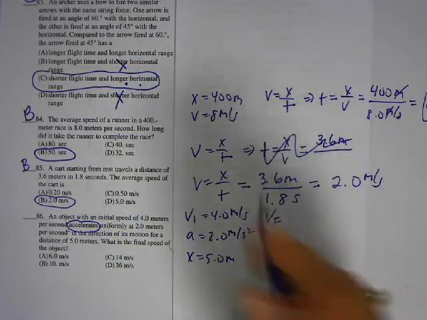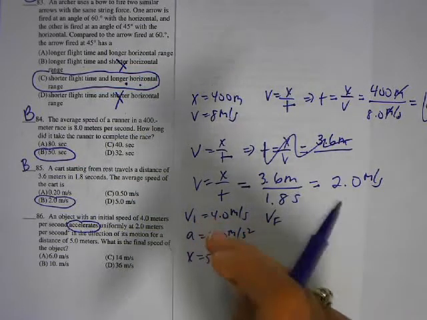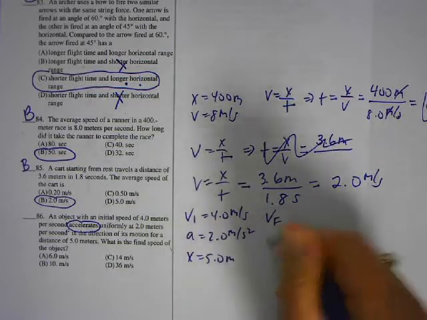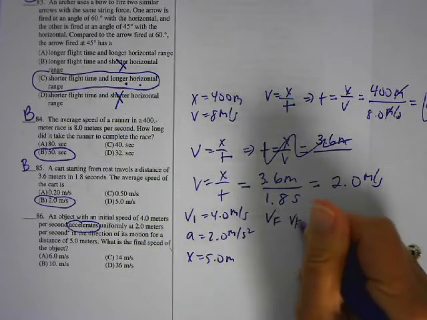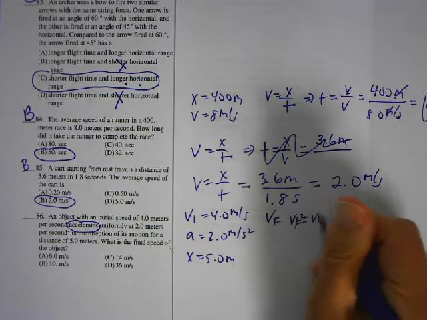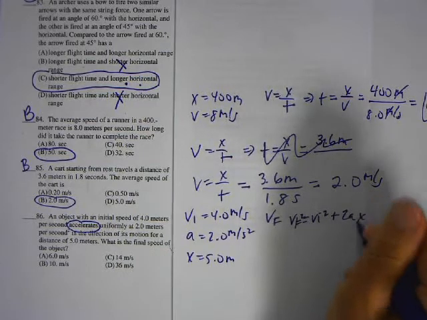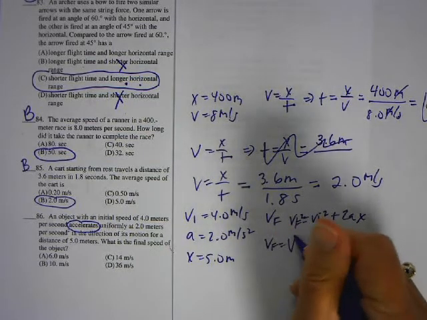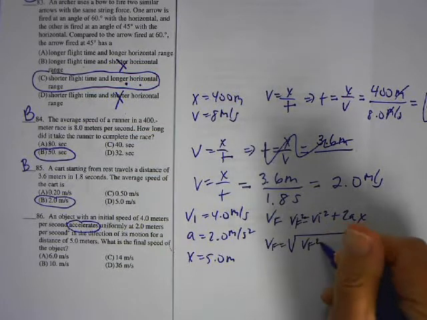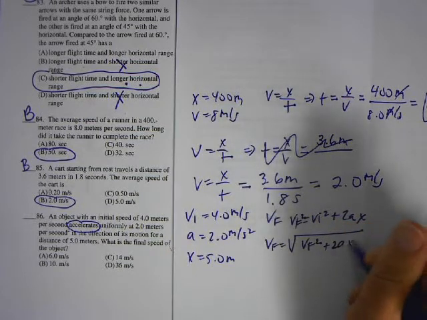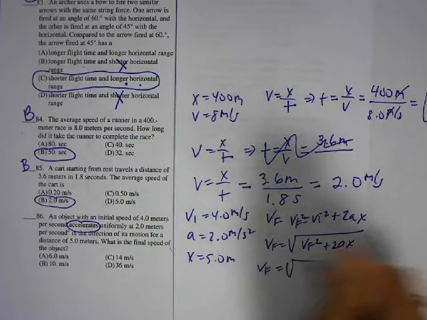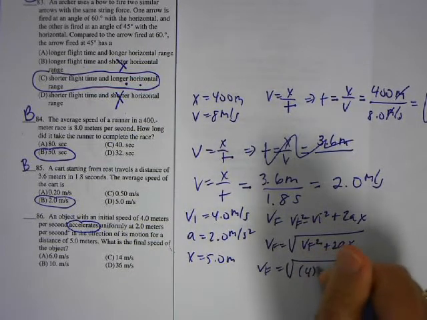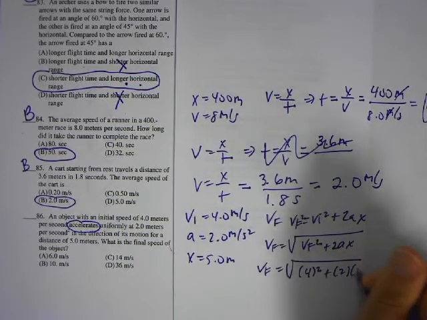So I want to find an equation that has VI, A, X, and VF. That equation is VF squared is equal to VI squared plus 2AX. VF is equal to the square root of VI squared plus 2AX. Now I'm going to substitute in my values. So it's going to be 4 squared plus 2 times 2 times 5.